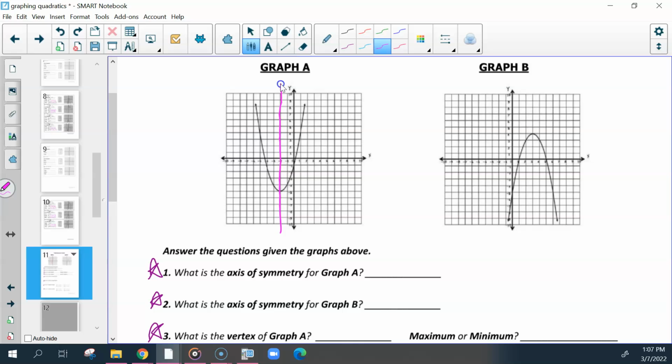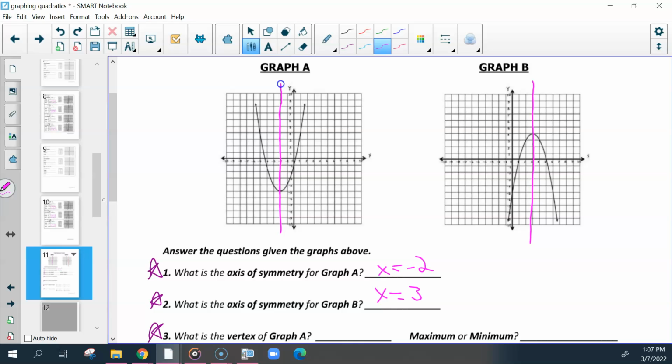But this line would split this parabola down the middle. So this would be x equals -2. Where would it split down the middle on graph B? Okay. Middle. 3. So x equals 3 would be our axis of symmetry for B.